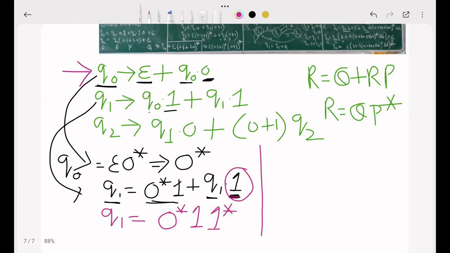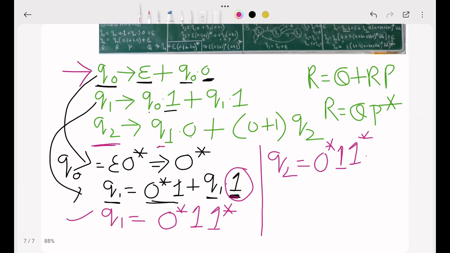Now next, I will solve this one. Now Q2 is equal to, so this value I am writing here. This value I already got, 0 star 1 star. Now I have done this value.